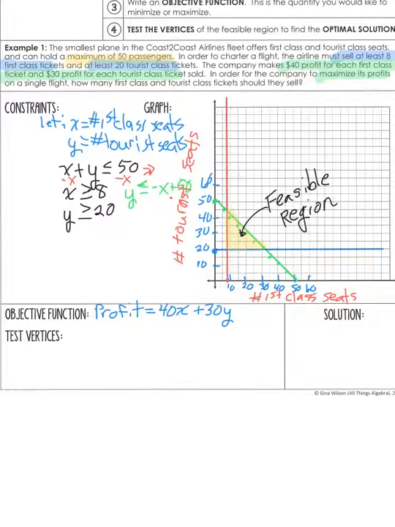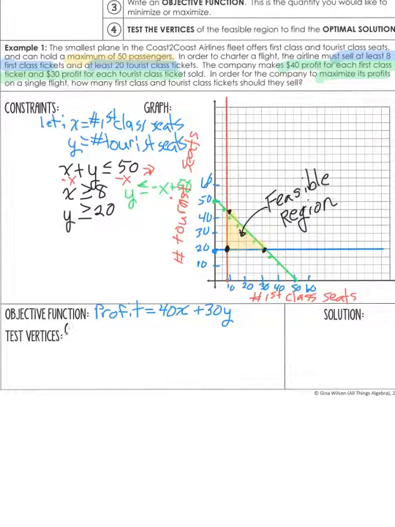Now, in order to maximize our profit, we need to focus on the vertices creating this feasible region. So we have to find the ordered pairs for those vertices. So here's one, here's the second one, and here's the third one. So for our vertices, we need to test them. We've got 3 different vertices, and we have to test all 3. So we're going to set up a table of values down here.